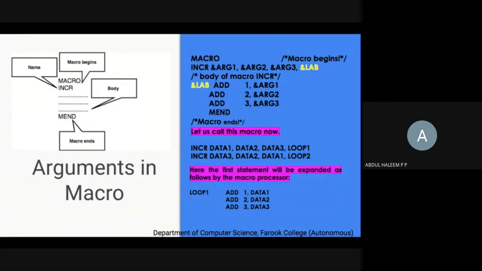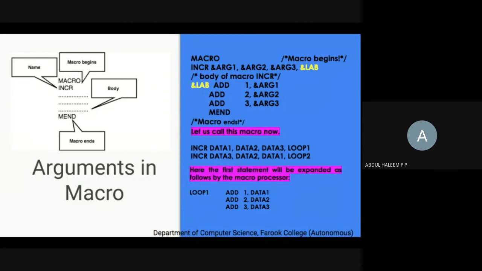Now, how a macro is getting defined, how a macro is getting called, and what is the process that is specially applied on a macro before the assembly process starts.